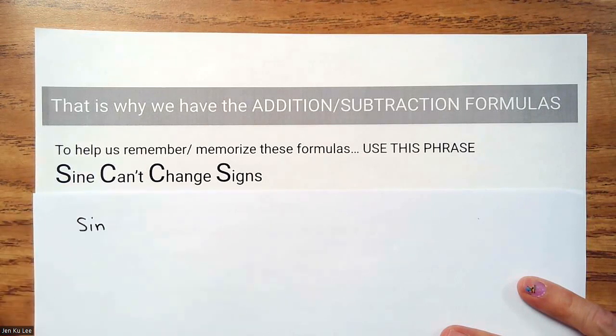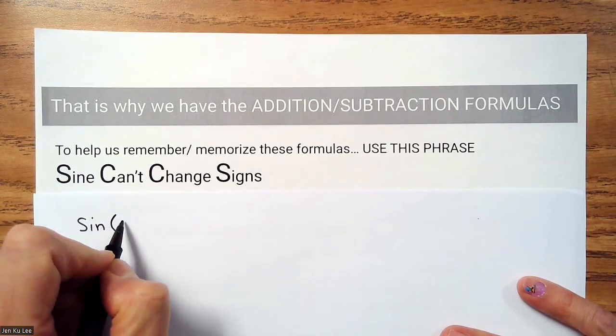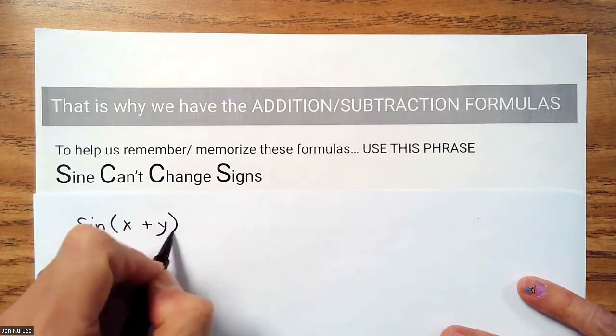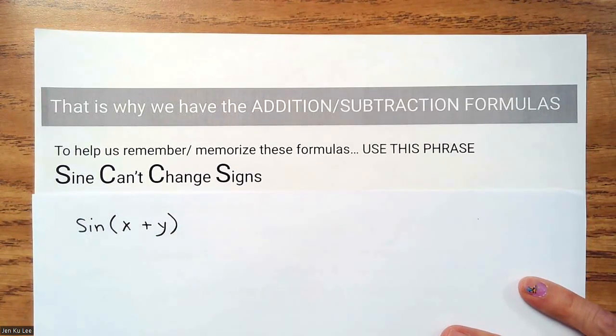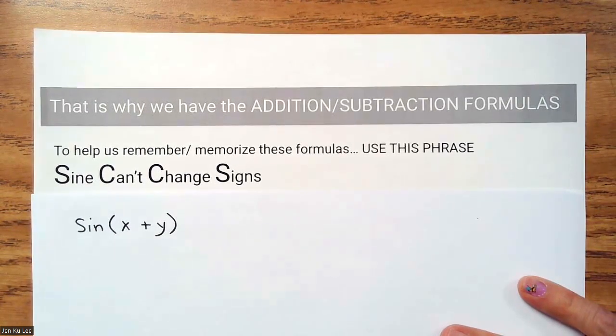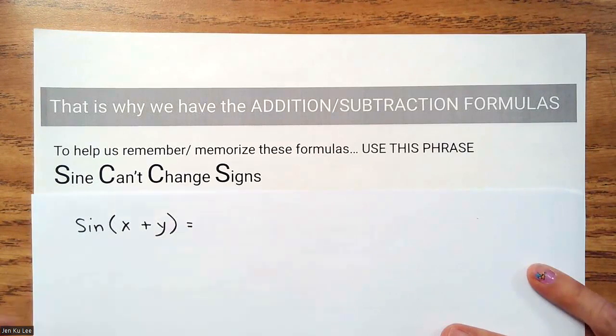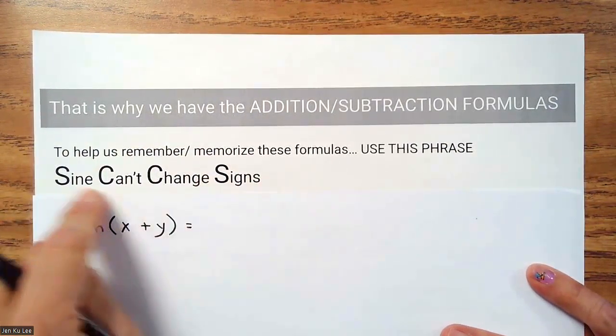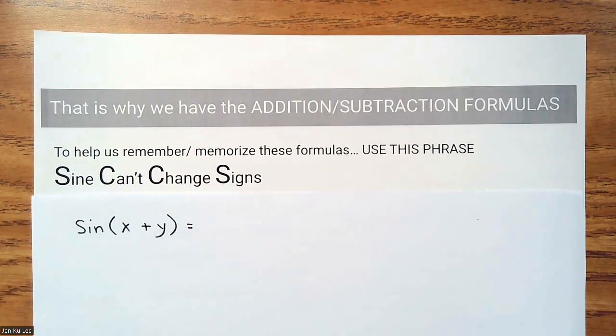So let's say we have sine of two angles, x plus y. So the two angles are x and y, right? How can this phrase help us memorize the formula?